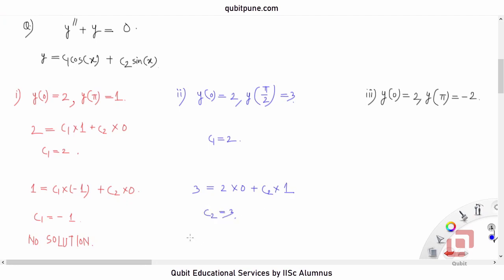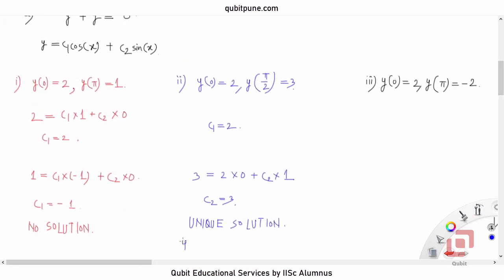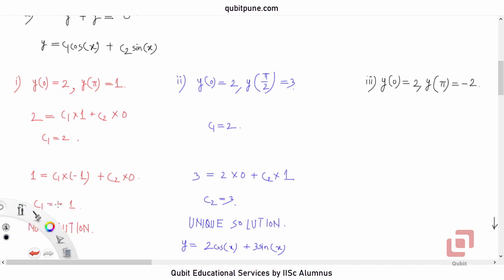So this is a unique solution. Correct? And that unique solution is 2 cos x plus 3 sin x.